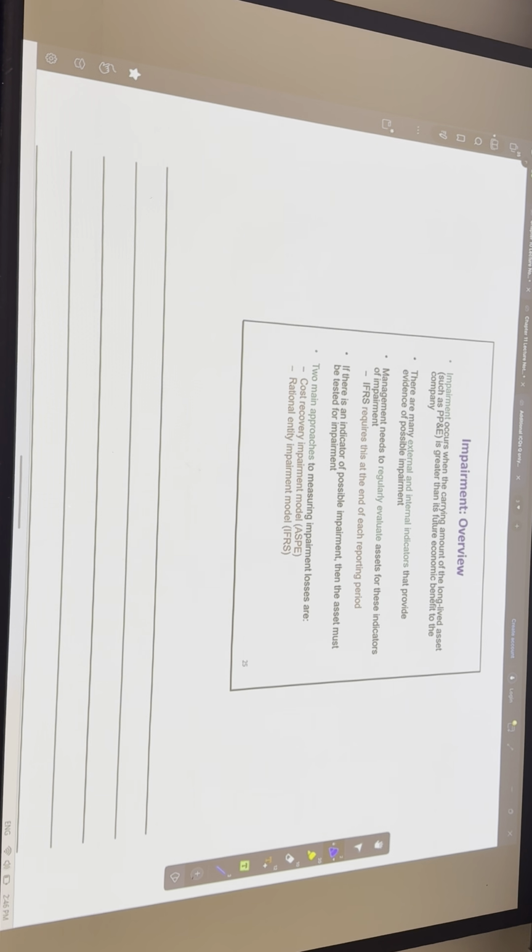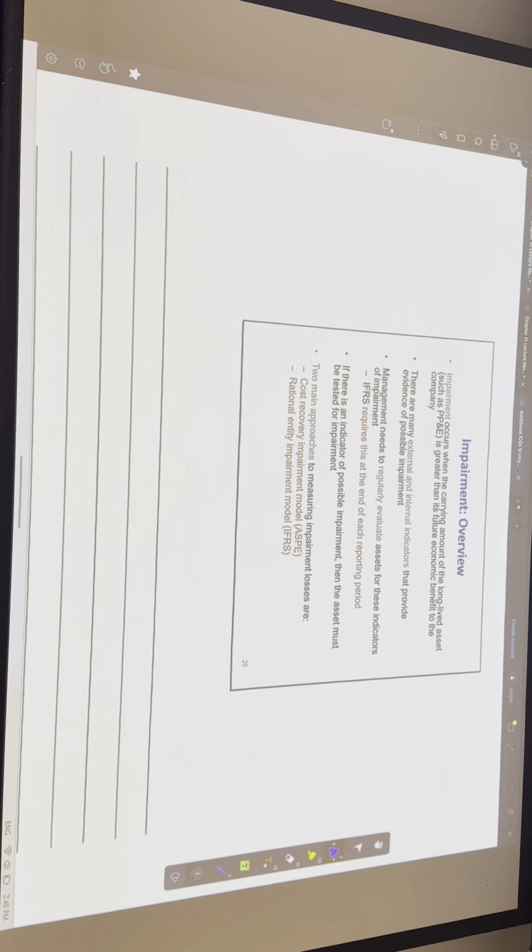When you start to look at your cash flow, your forecast, you realize that no one's buying revenue A, B, and C. That would be what I call an indicator. That would be called an external indicator. That means that the asset's not as good as you thought because it's not generating revenue.